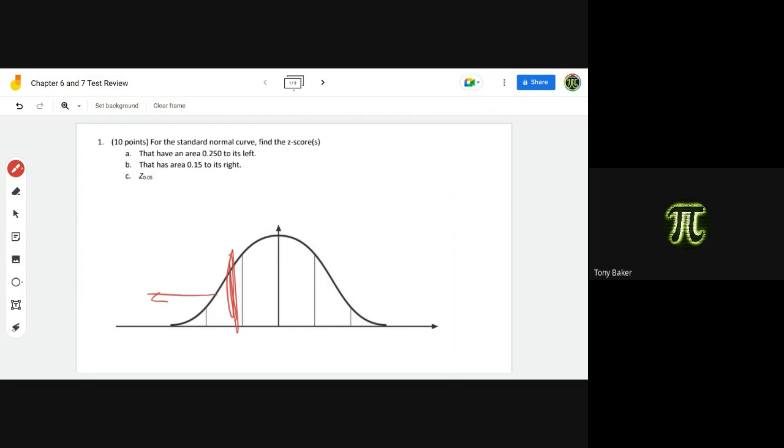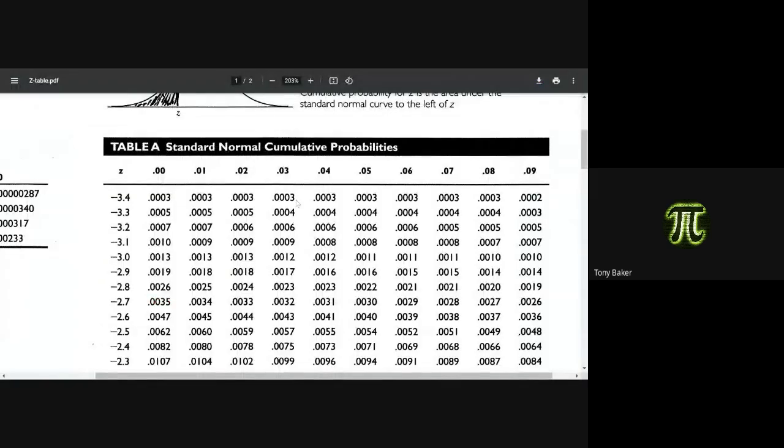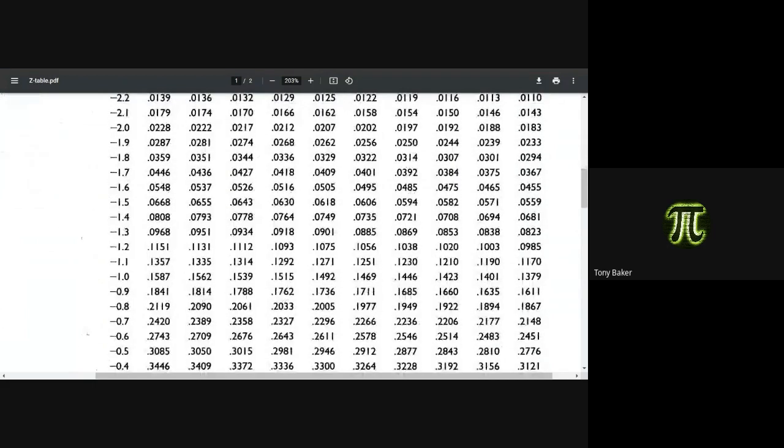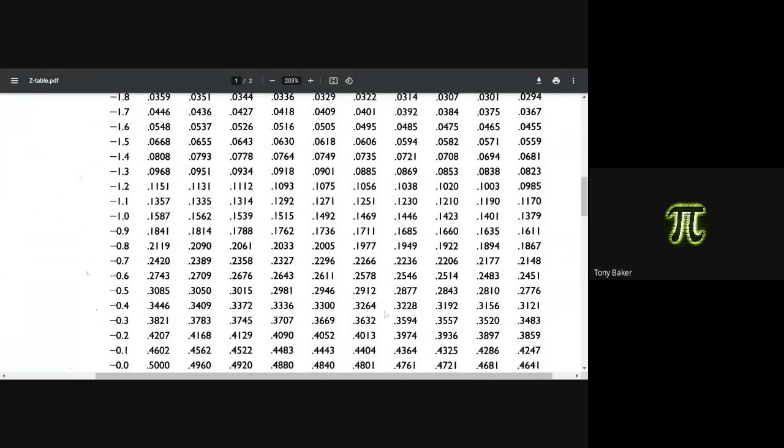Z-table. We're basically looking for 0.25 on the z-table. So scroll down. And for 0.25, we have 0.2514 and 0.2483.